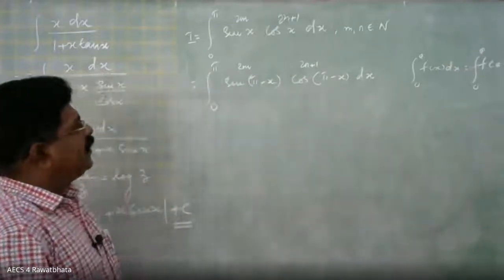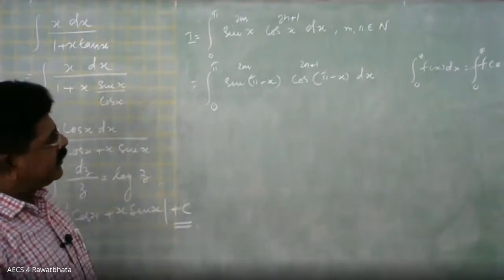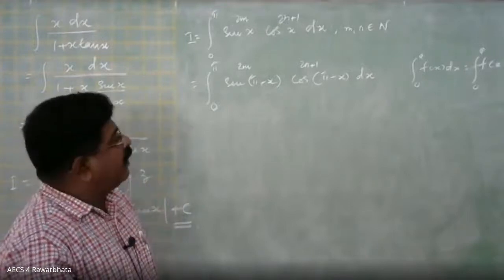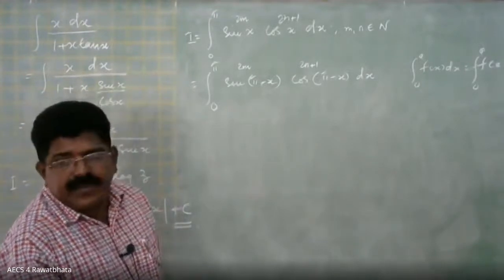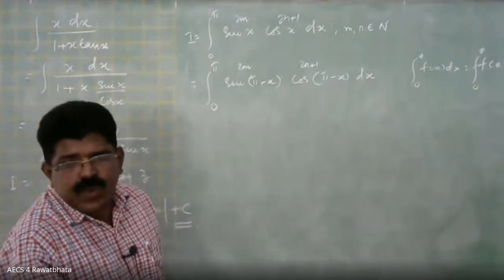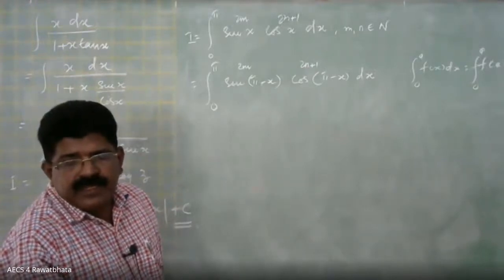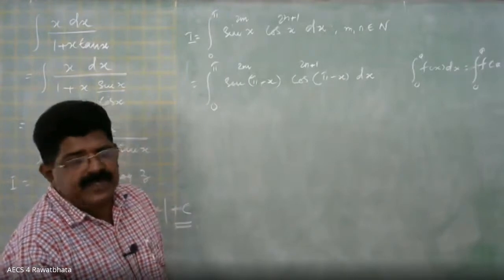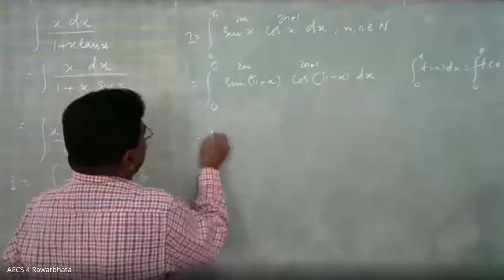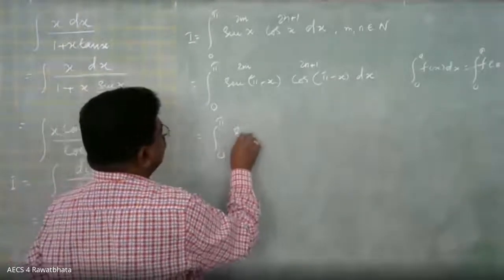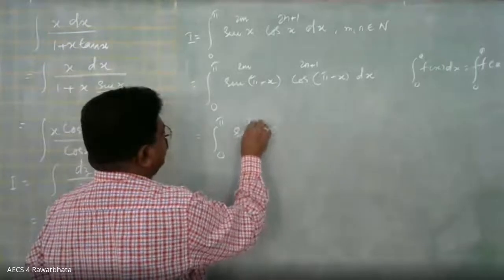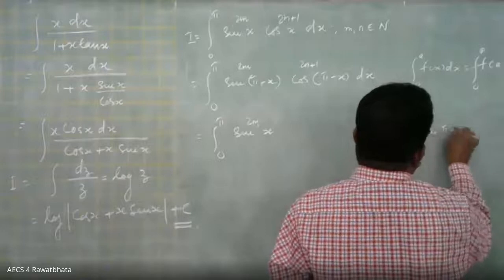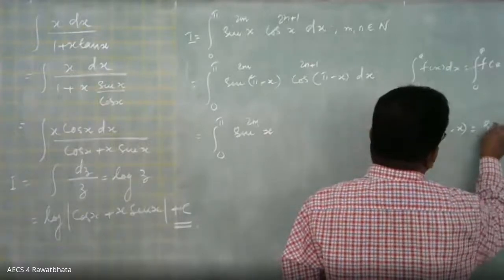What is sin of pi minus x? Sin a cos b minus cos a sin b gives sin x. So it is sin x to the power 2m. Sin of pi minus x is equal to sin x.